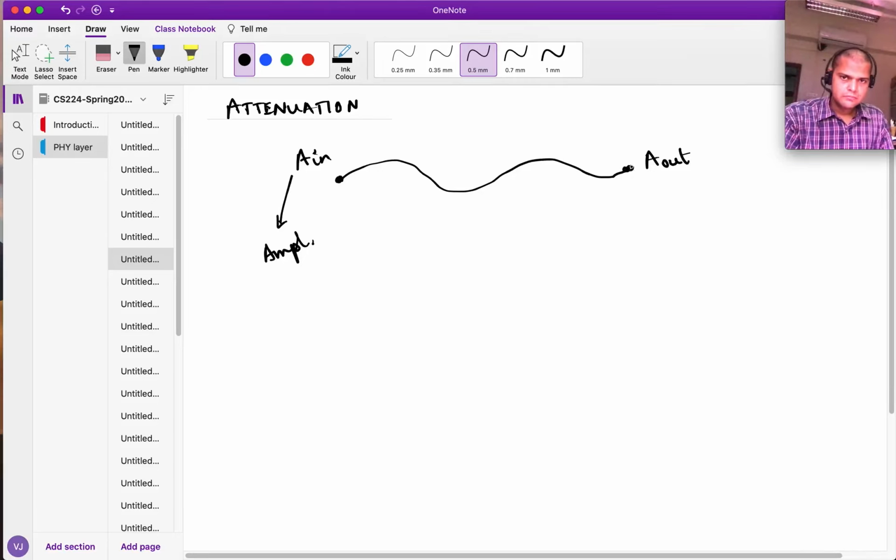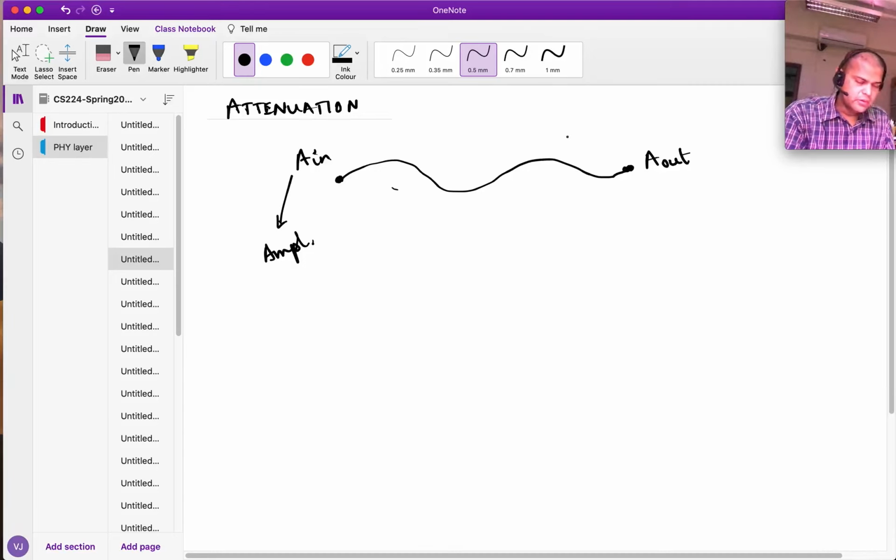In any electrical wire there is going to be some amount of resistance, capacitance, inductance and so on, because of which the output amplitude is going to be less than the input amplitude. Okay. So this is just a plain wire, there's no amplifier or anything in between.